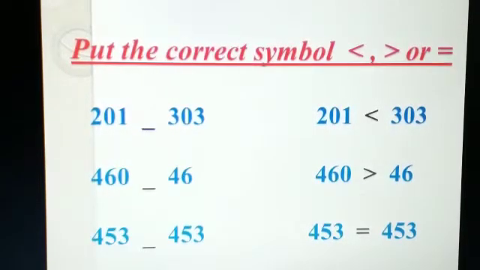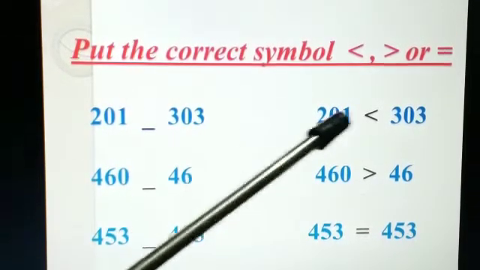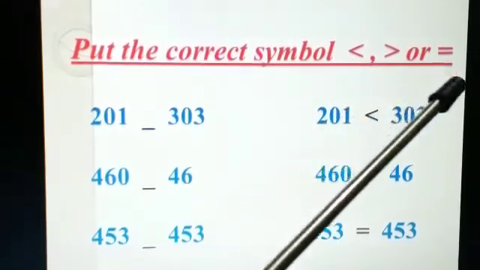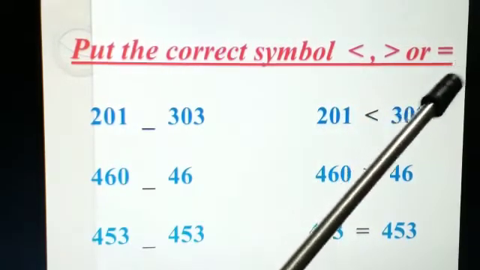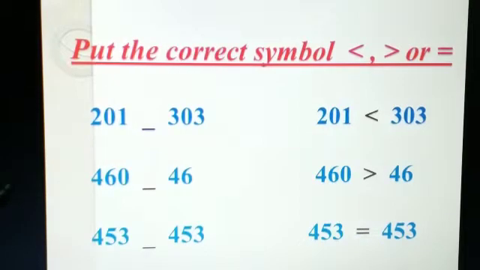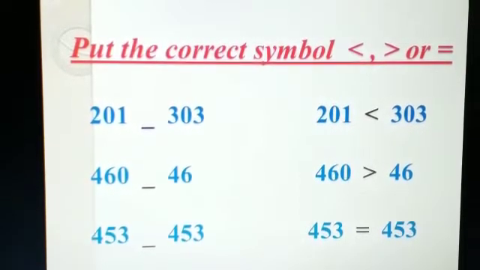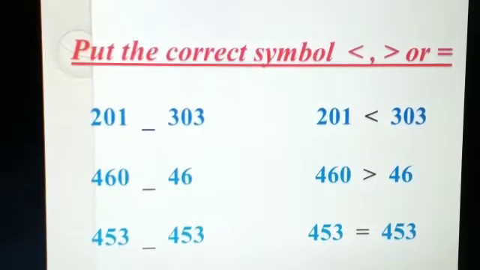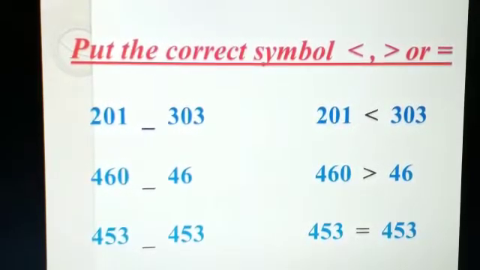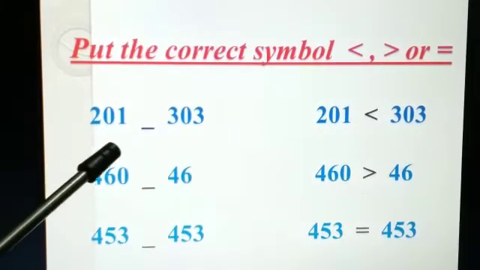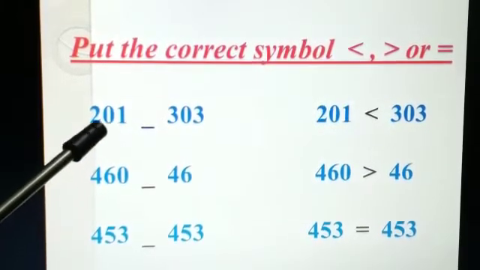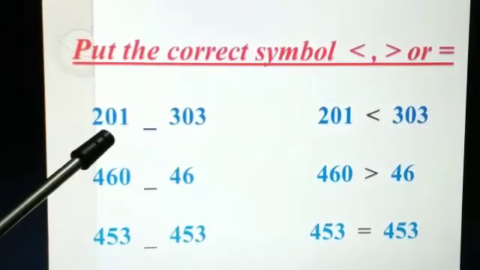Now, next we have to put the symbol smaller than, greater than and is equal to. In our previous video, we have already learned how to compare the numbers. To compare the numbers, first of all, we have to count the digits of the number. In this number 201, we have 3 digits.